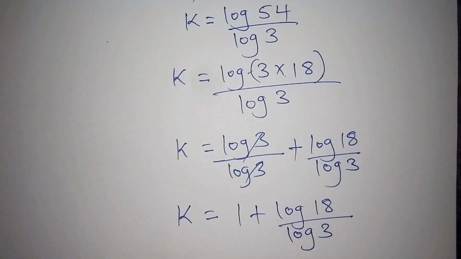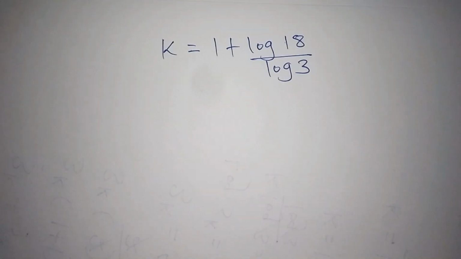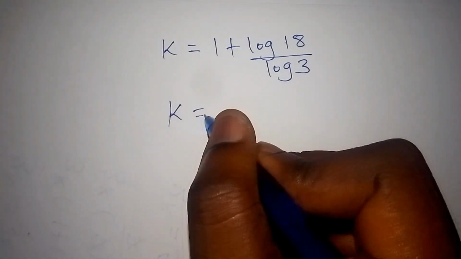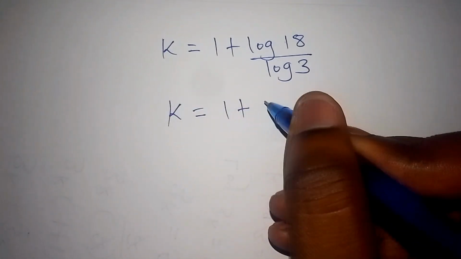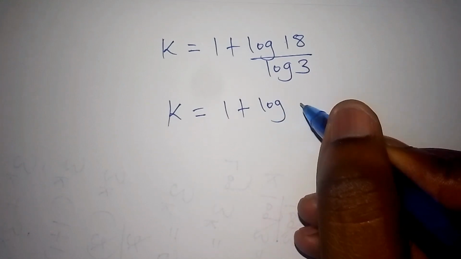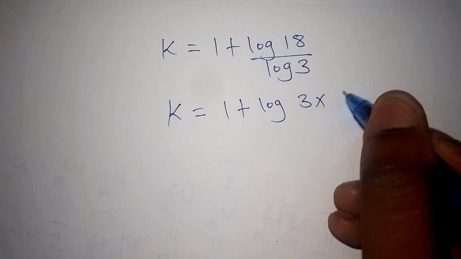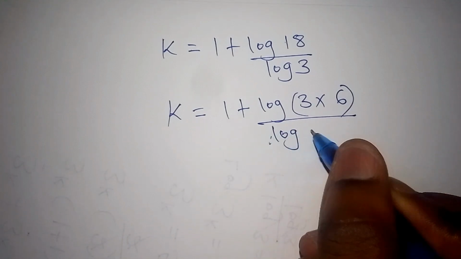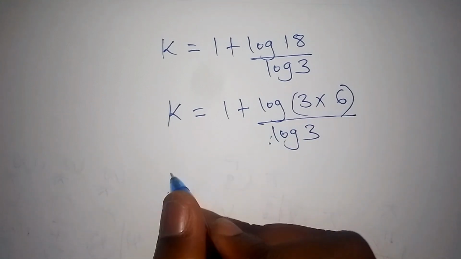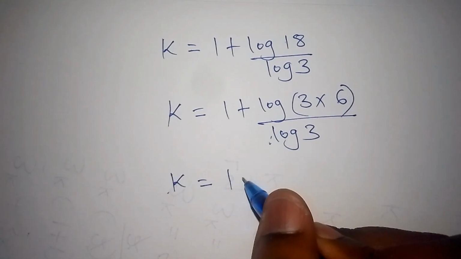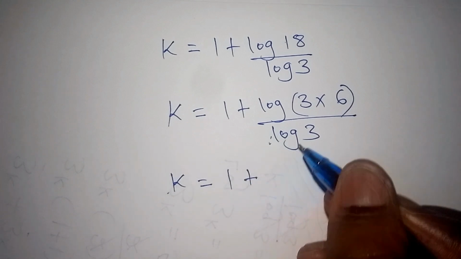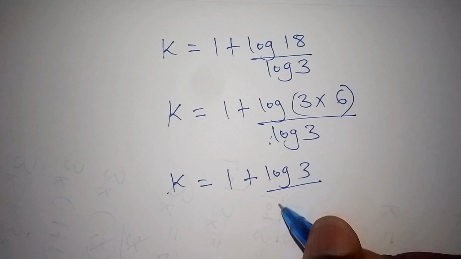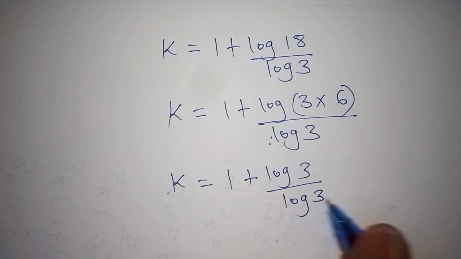We don't stop; we can still factorize this. Now k is equal to 1 plus, the log of 18 can also be written as the log of 3 multiplied by 6, all over the log of 3. So k is equal to 1 plus, let's split it, log 3 over log 3, since both sides are divided by log 3.